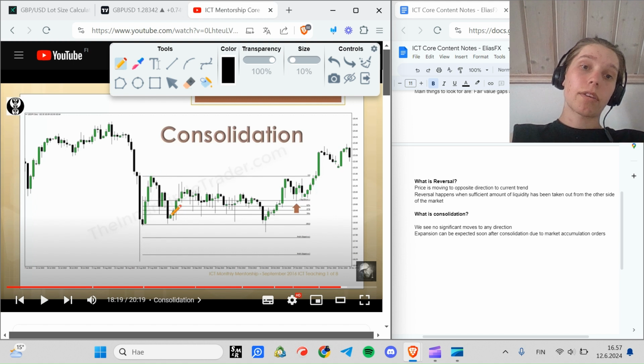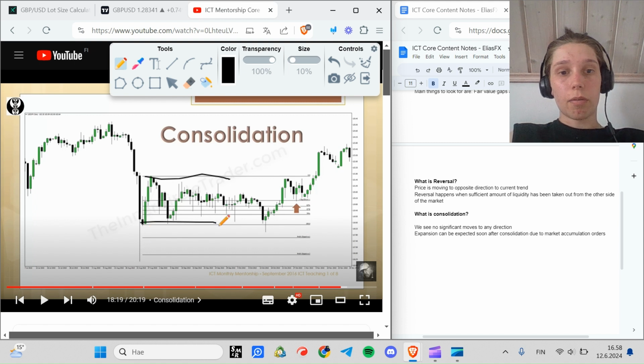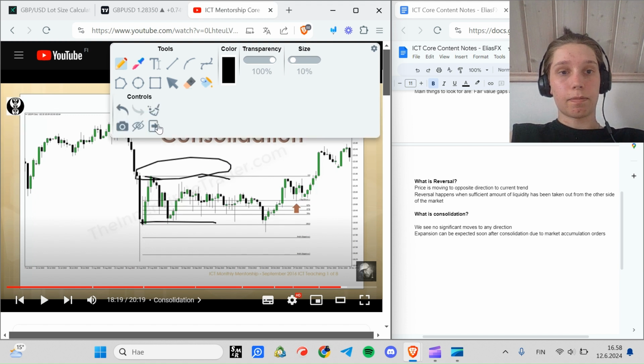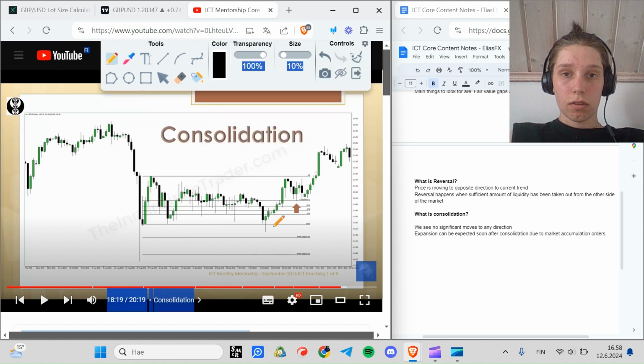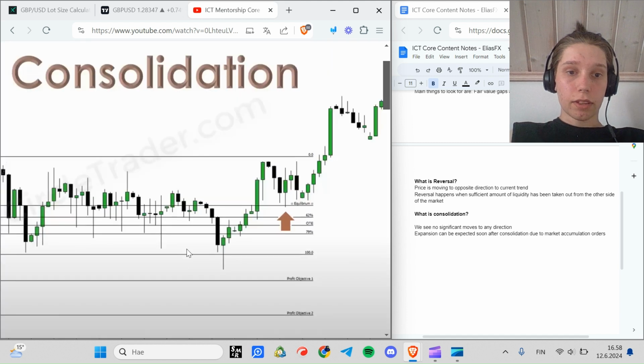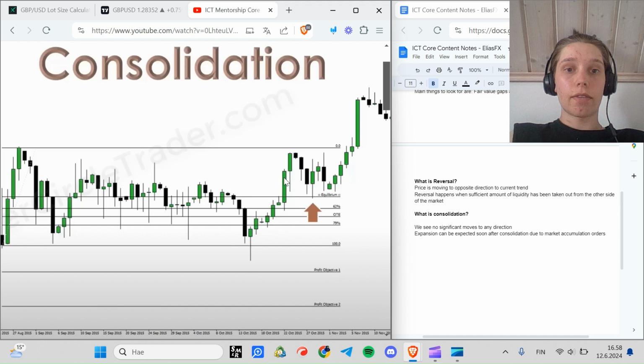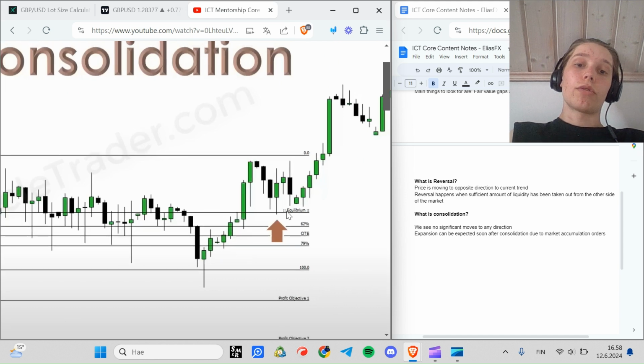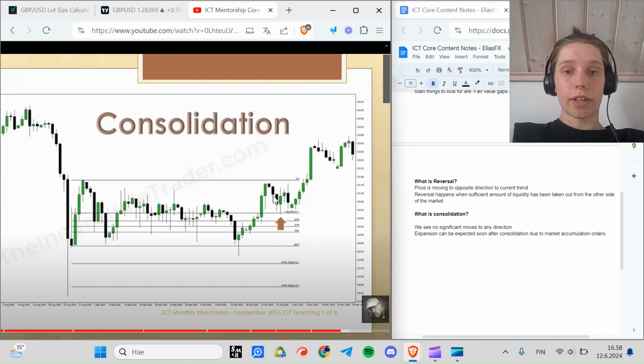So when market is consolidating, it's accumulating orders here and here. So here are people's sell stops and here are their buy stops. So smart money basically wants to take out all of the sell stops with that wick and then run for the buy stops. And here is the equilibrium point from which you could have bought the market breaking structure, and the equilibrium of that consolidation.